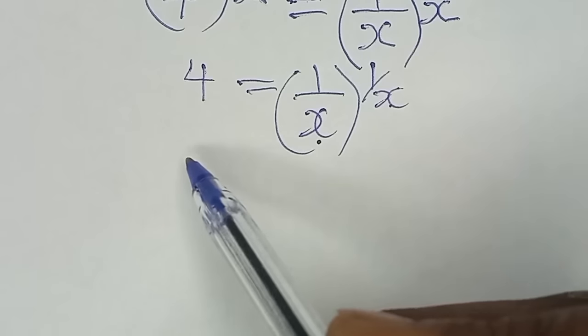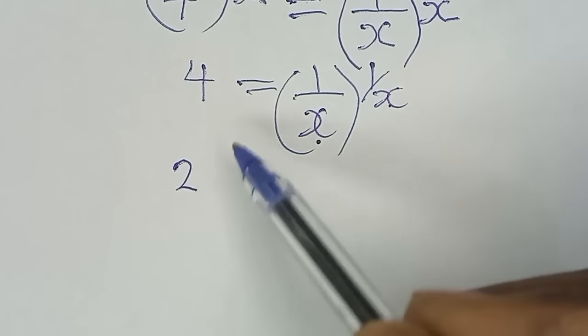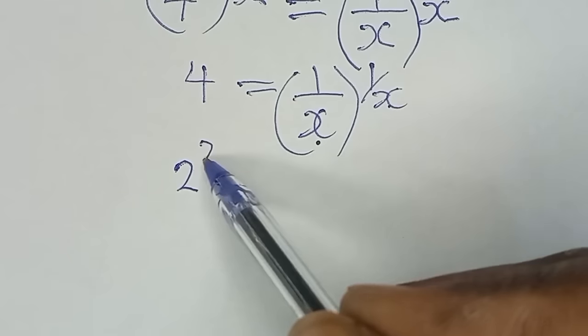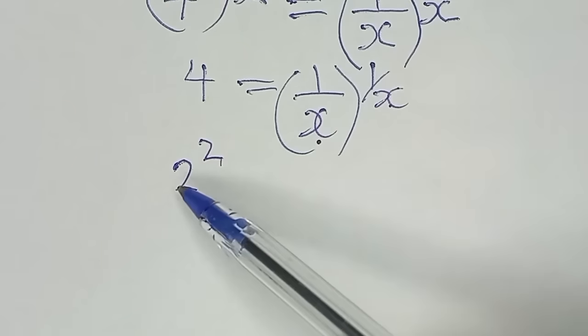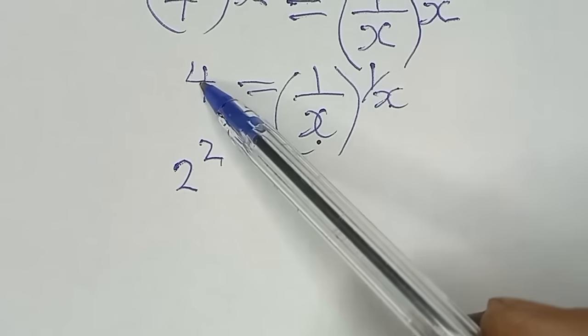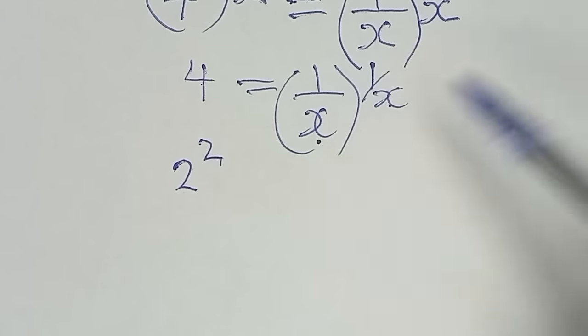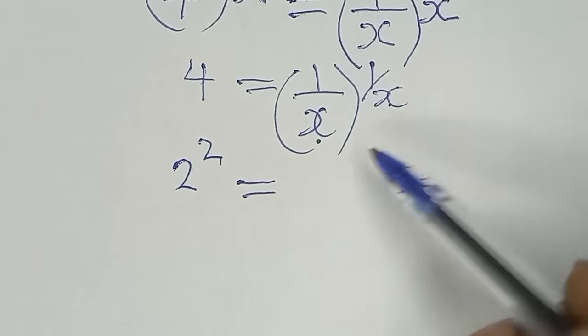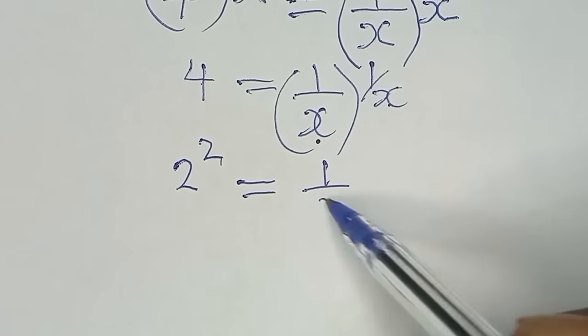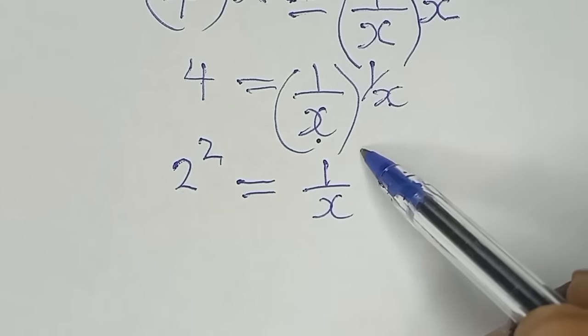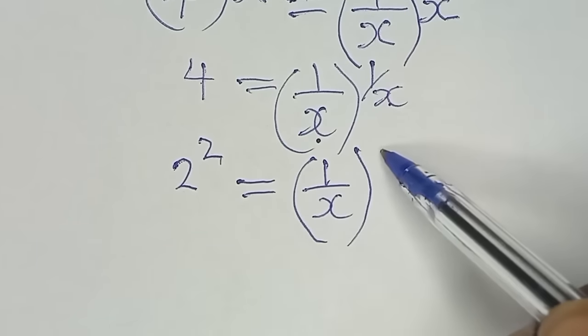We take it to the power 2, that is base 2 to the power 2. So 2 raised to the power 2 will give me 4. So you can say that the base and the power, they are equal, just as I have here 1 over x to the power 1 over x.